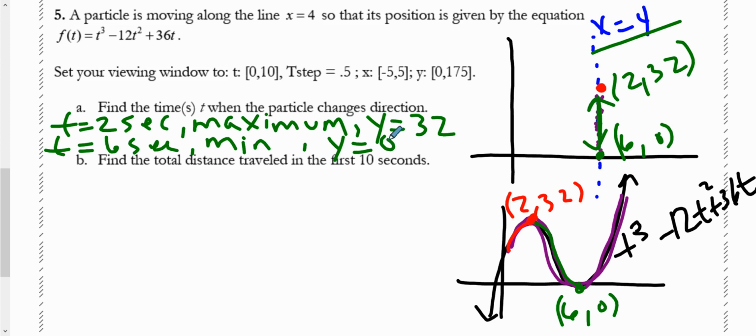So now, and I should have said this earlier, when you're graphing this in the parametric situation, my apologies, you're going to have x sub 1 equals 4, and then you're going to have the y sub 1, let me write it right here, is equal to t to the third minus 12t squared plus 36t. Sorry, I'm kind of running over here to the side, but that's what you're going to plug in.